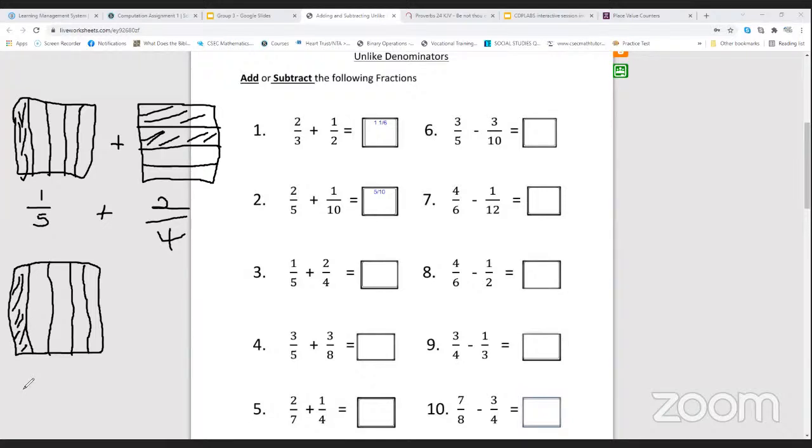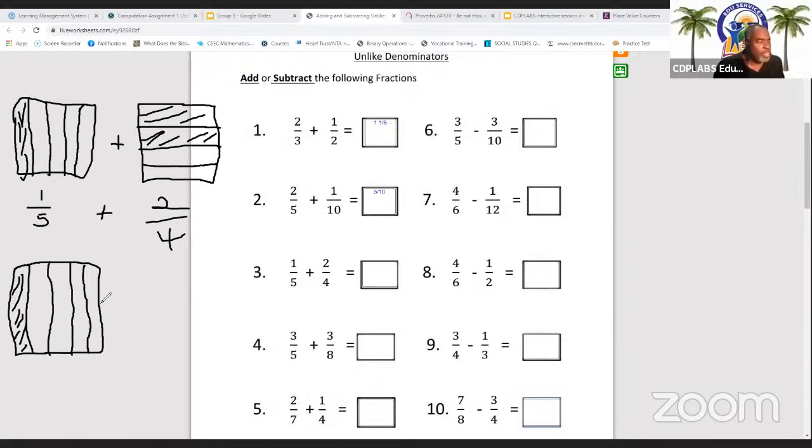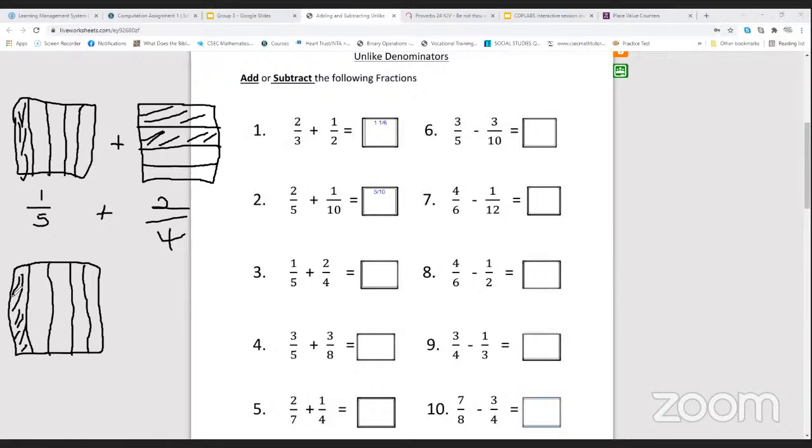Then we are going to work from the second one. We're going to cross 4 parts, sir. For the third one, 4 lines across. So we're working from the second one, using the denominator of the second one. All right.